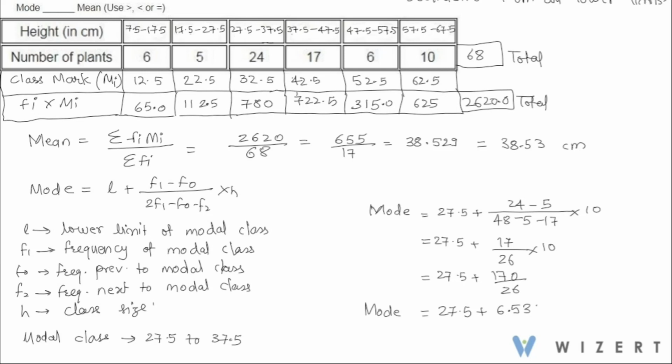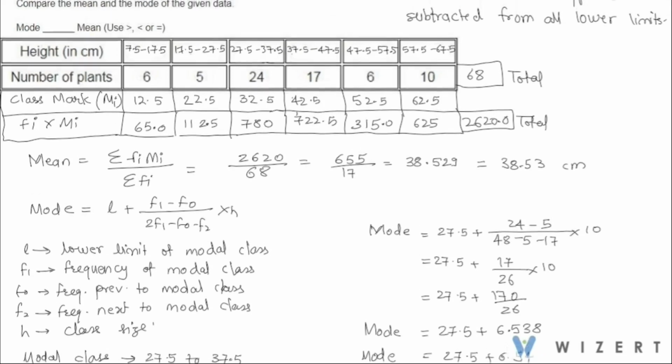It's going to go on for a while, so we are going to stop here at 3 digits after the decimal point and round it off to 2 digits. So we get mode equal to 27.5 plus 7.31, which gives 34.81 centimeters as the mode height of the given data.